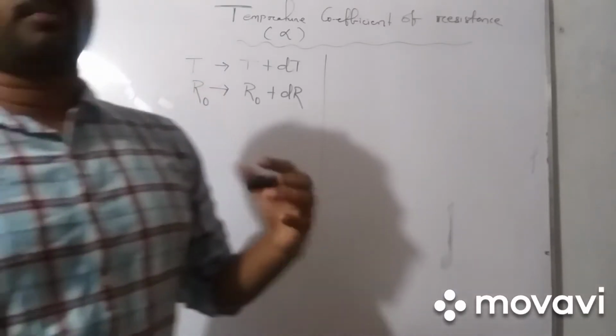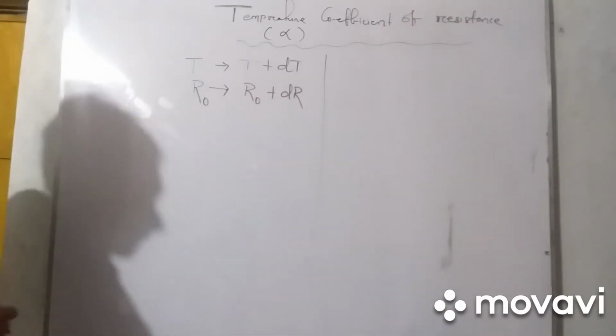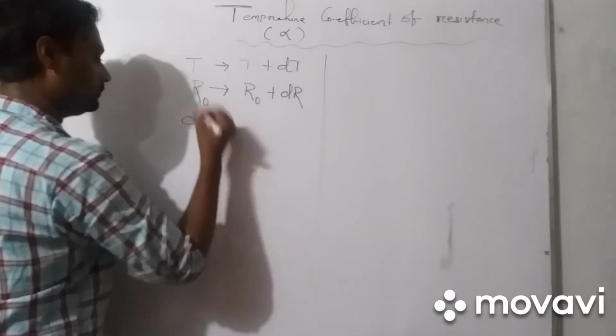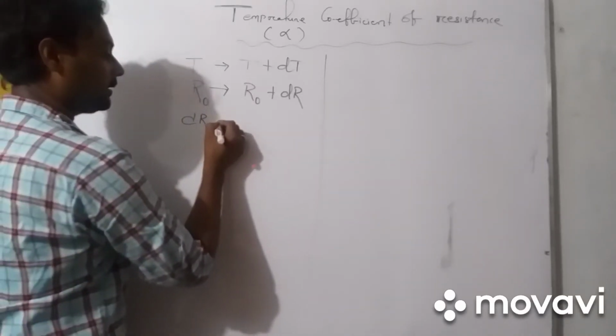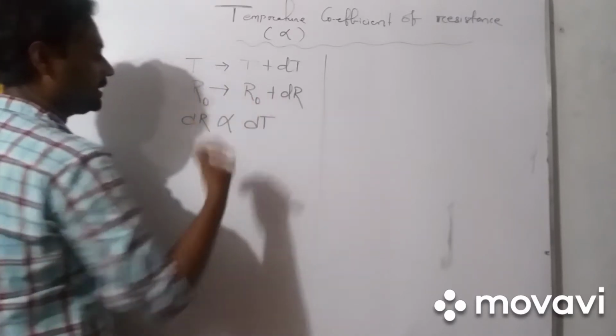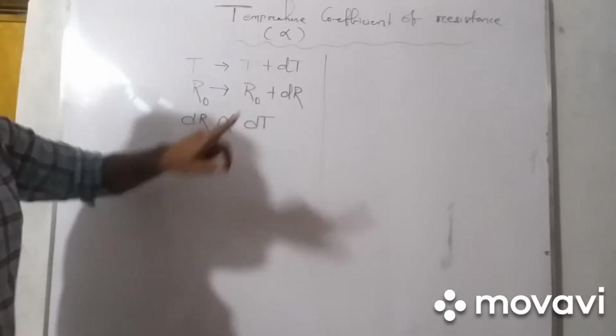After observing some experiments, we find that dR is directly proportional to the change in temperature. That means the change in resistance is directly proportional to the change in temperature.